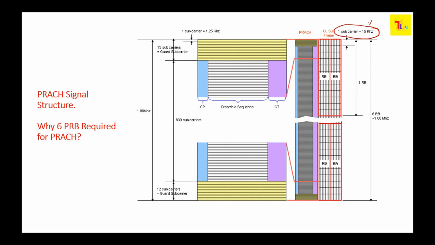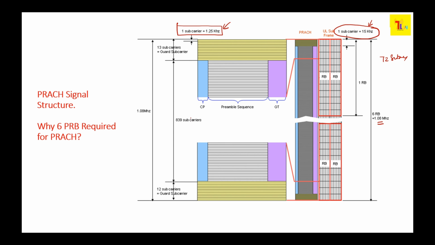Each subcarrier is of 15 kilohertz. If you are going with 6 PRBs, then 72 subcarriers, and it is going to utilize 1.08 megahertz. Likewise, for the PRACH, one subcarrier is considered as 1.25 kilohertz, and as we have an 839 ZC sequence, 839 subcarriers are going to be used for that.